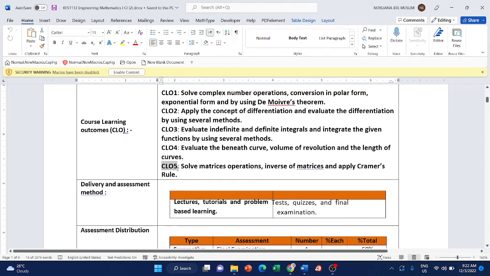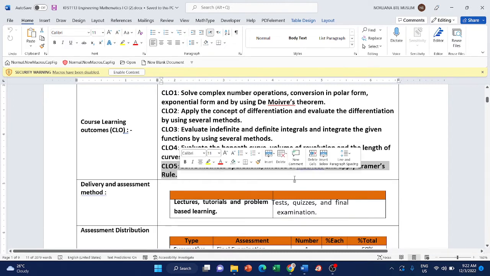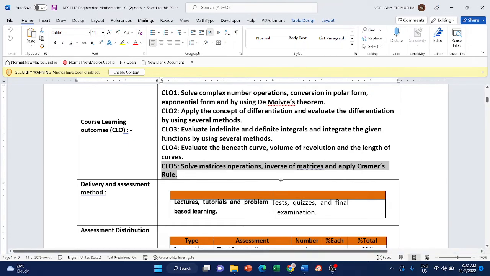The last chapter, we are going to learn matrices, and how we can solve linear equations using the matrix method. So mainly these are the 5 chapters in the subject.